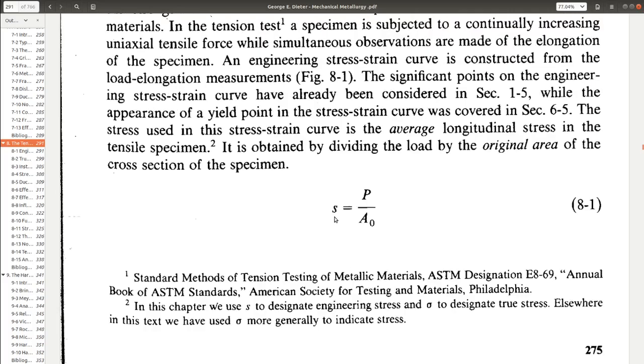This S is called engineering stress, and P is the applied load, and A naught is the cross section area of that specimen, where naught represents the initial or the original cross section area. And this is also described as an average longitudinal stress.